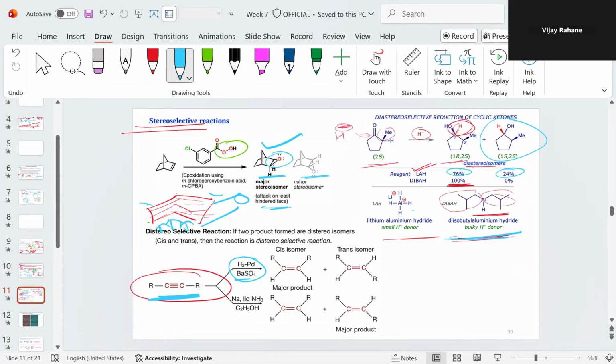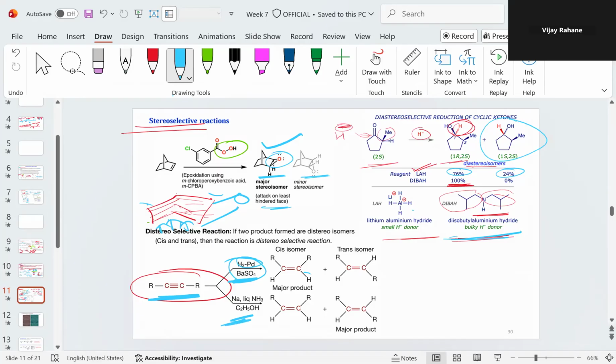So when you perform this reaction with H2, Pd and BaSO4, the reaction stops at the alkene stage. Now if you look at this reaction, we are getting the cis product as the major product when we are doing the palladium reduction. But in the case where we are using sodium metal in liquid ammonia.